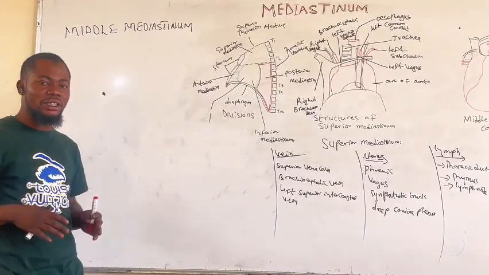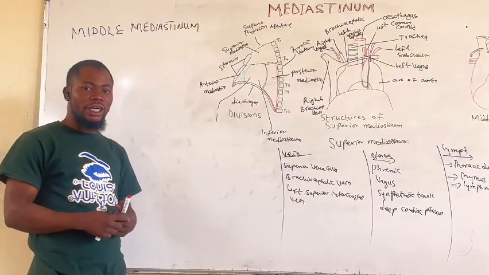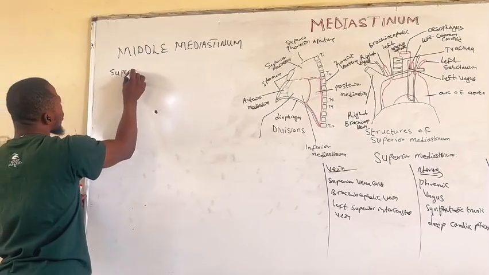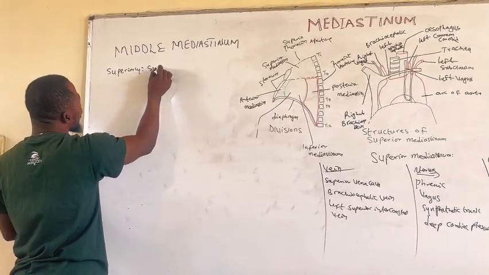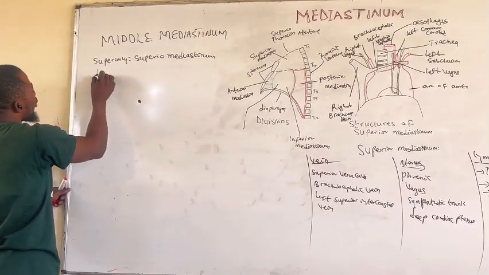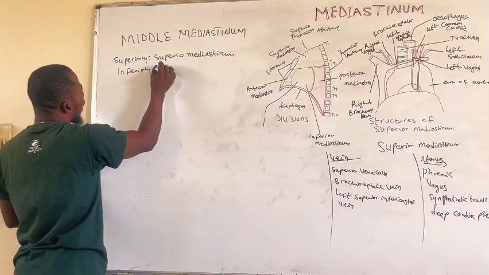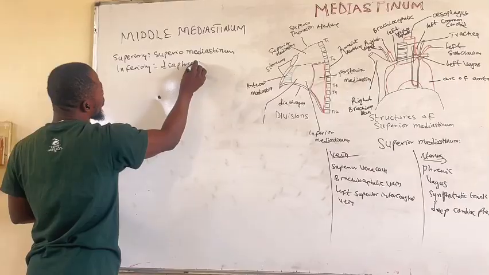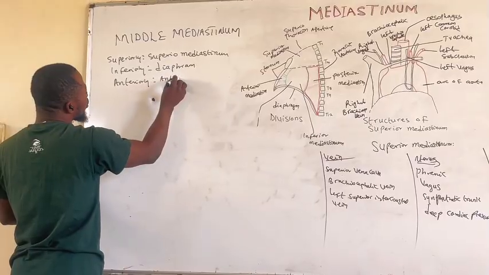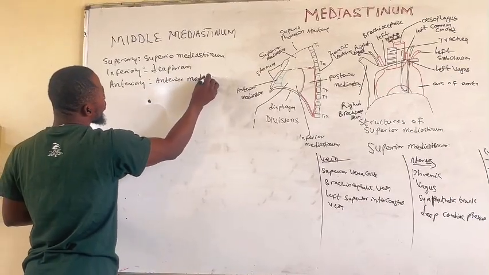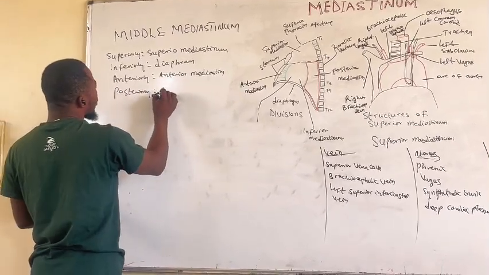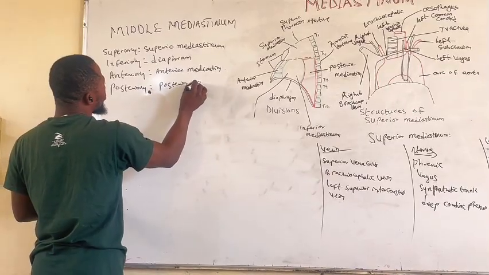It separates the anterior mediastinum from the posterior mediastinum, and it is bounded superiorly by the superior mediastinum, inferiorly by the diaphragm, anteriorly by the anterior mediastinum, and posteriorly by the posterior mediastinum.